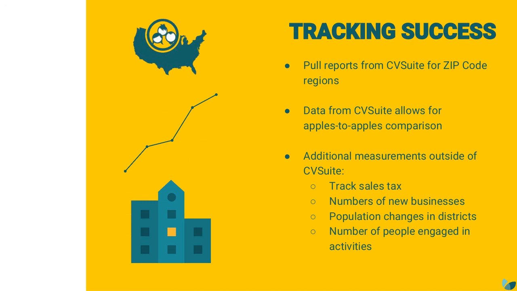We also look at building permits. We look at sales tax revenue, and then we require that the district pull reports from the CVSuite at the zip code level, so that they can benchmark and keep their data consistent and standardized, because there are these other fluctuations in some of the data that they're providing to us.